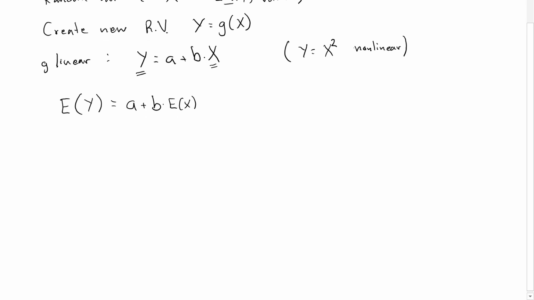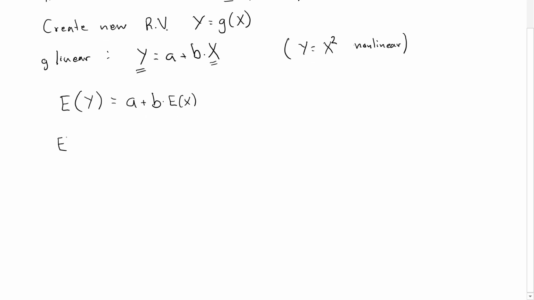So the way we typically think of this when we work with probability theory is the expected value of y is the expected value of y, which is defined as, I just replace now y with a plus b times x. And in the next step, the terminology we use is that we say that the expected value goes inside linear functions.